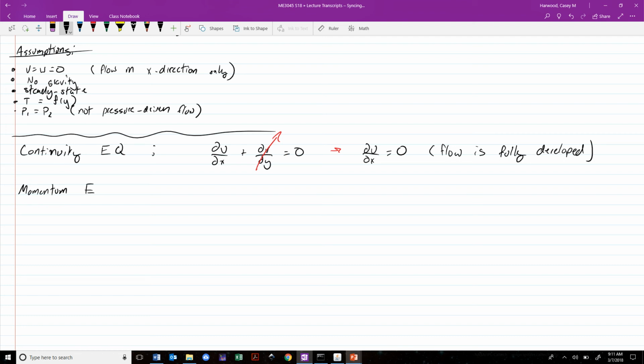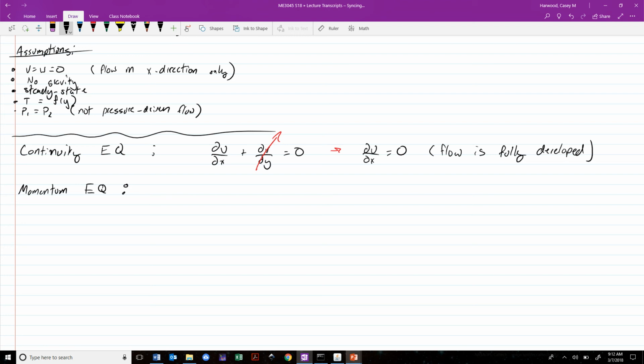Momentum equation. Since we said that, right, u is the only velocity component that is appreciable, we said that v is equal to 0, w is equal to 0, then the only momentum that we need to worry about is the x direction, right? Does this make sense? Yes.